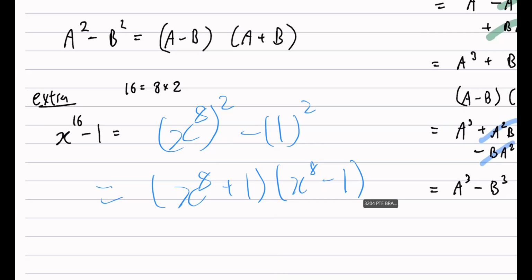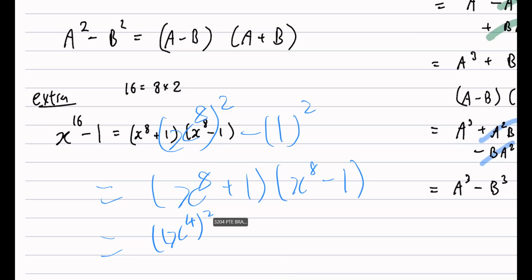Yes. But can we go further? Plus, that's when you realize, whenever you got something square plus 1, you can't really factorize. So x power 8 plus 1, you have to leave it alone already. Leave this alone. Only the x power 8 minus 1 can.